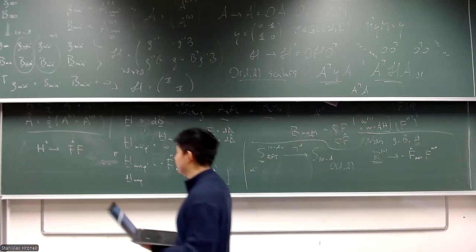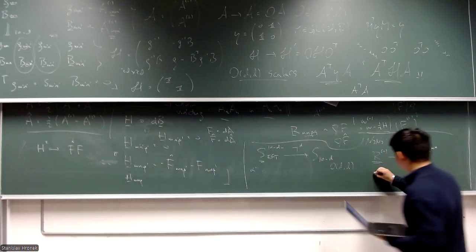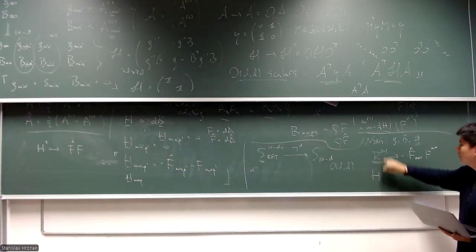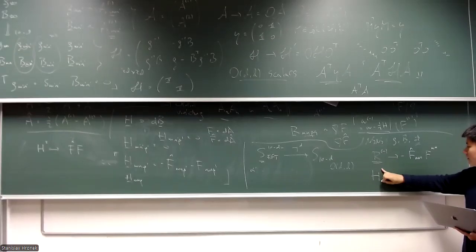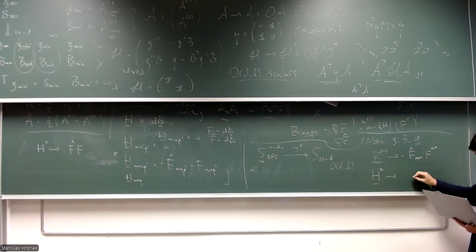From here, we can find that H squared in the higher dimension reduces down to something that's 6.